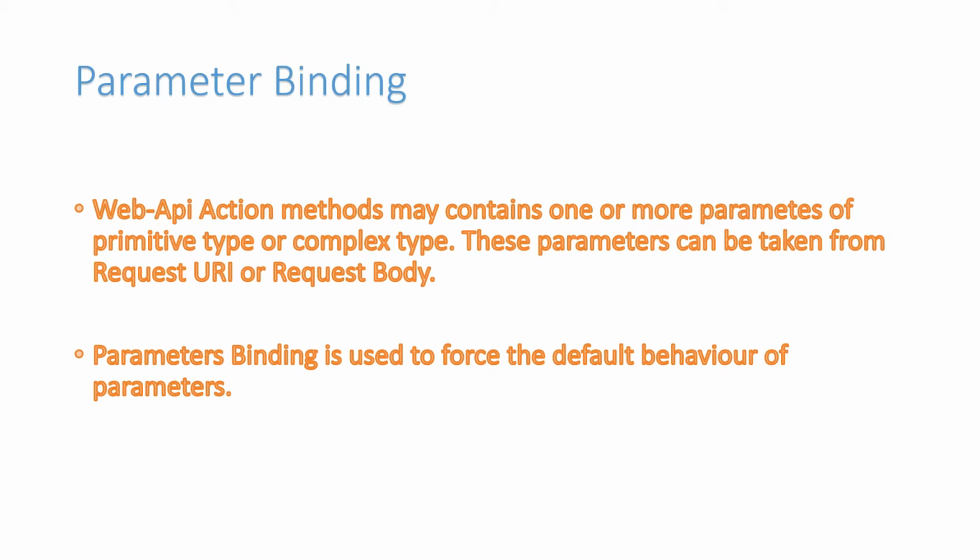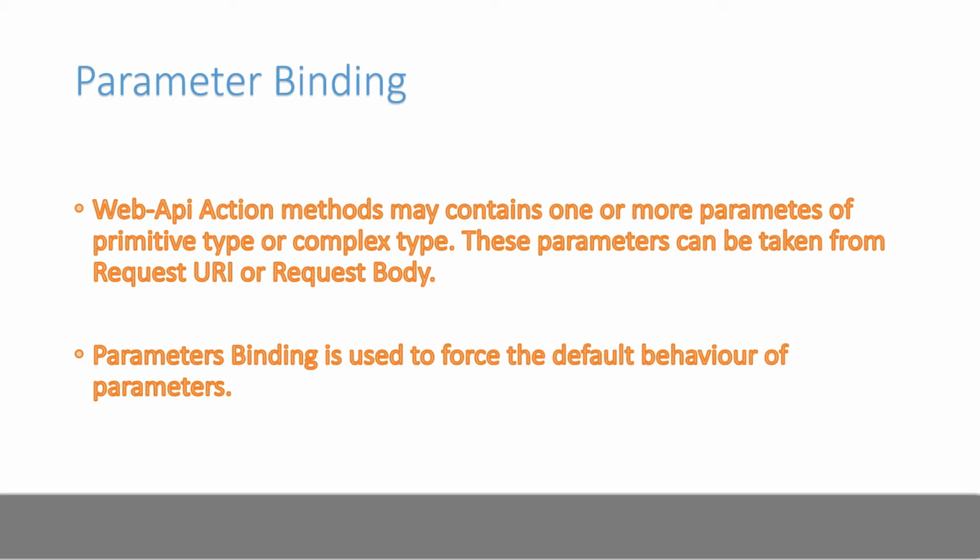These parameters can be taken from the request URI or the request body. Parameter binding controls the default behavior of where the parameters come from.